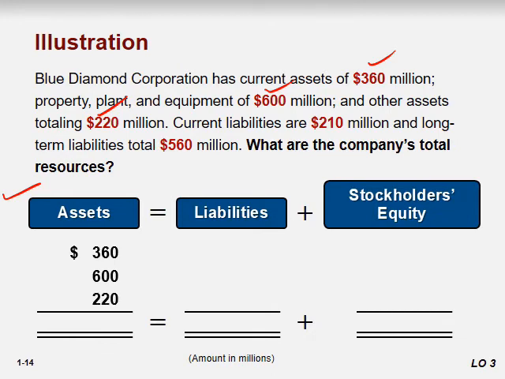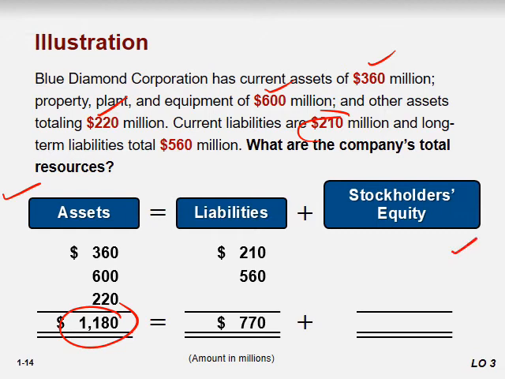And how much is that? 1,180, right? So what are the liabilities? Liabilities are 210 current liabilities and long-term liabilities of 560, and when you add them, the answer is 770, right?